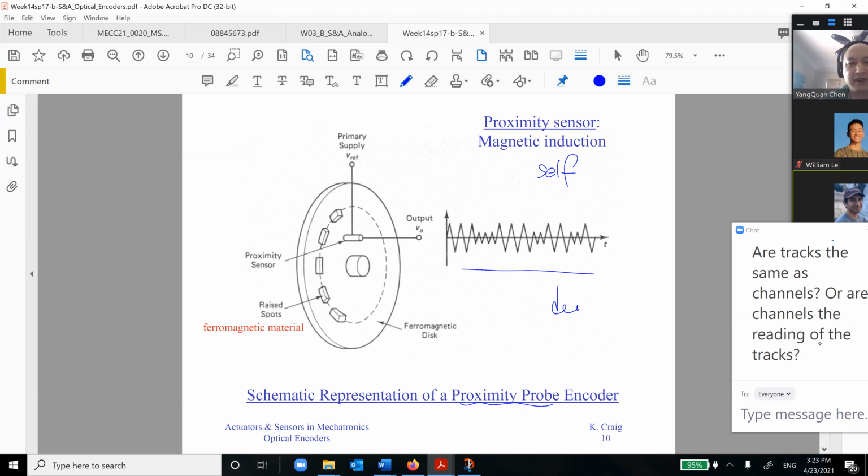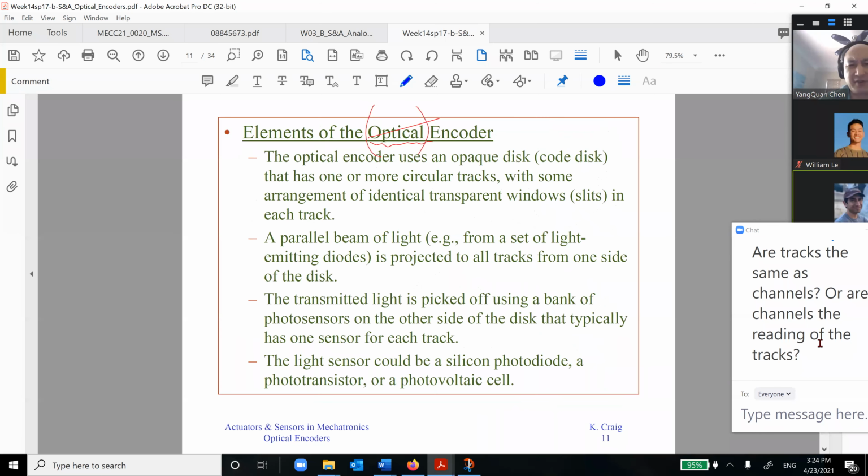Again, you need demodulation, so you can get some pulses like this. I never used this type of sensor before, but you should know. You should also know that optical is more popular today because it's widely produced and it's cheaper.